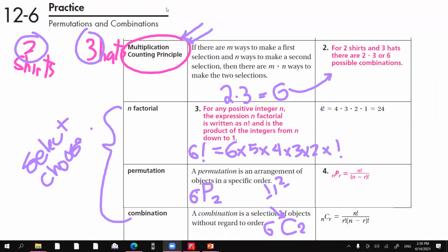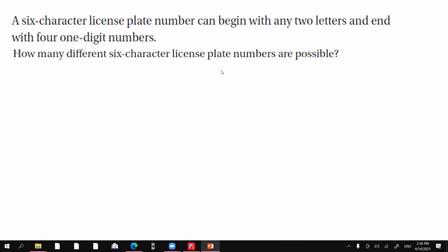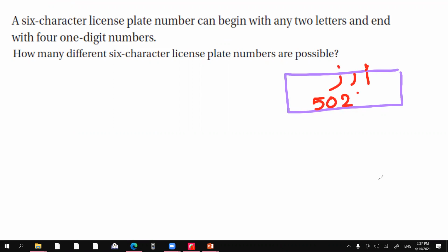Okay, teacher. Now let's have an example here. All of us know that in Saudi Arabia we have a license plate, which has letters like Alif, Ra, Zain with 5, 0, 2, 1, or let's say in English, in order to understand, like A. You know that we have 3 letters with 4 numbers.